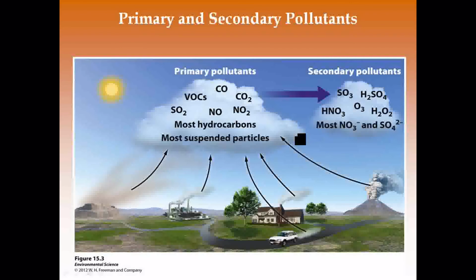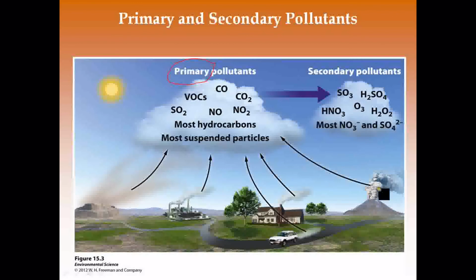Here is your very important first definitional distinction. We distinguish between primary pollutants and secondary pollutants. Of course, primary means first, so let's talk about them first. Primary pollutants are chemicals that are released directly into the air.